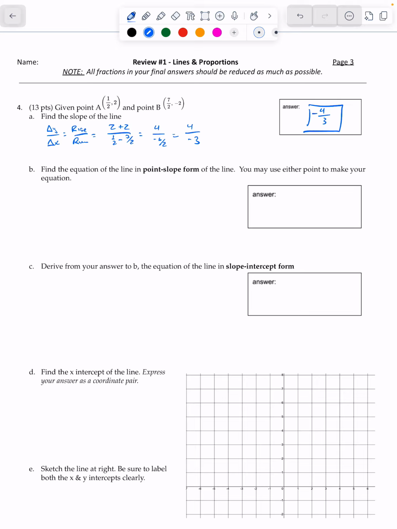Find the equation of the line in point slope form. Super easy. You might have chosen to write it with either point. I'll do both. So y minus 2 equals negative 4/3 times x minus a half, or y plus 2 equals negative 4/3 times x minus 7/2.